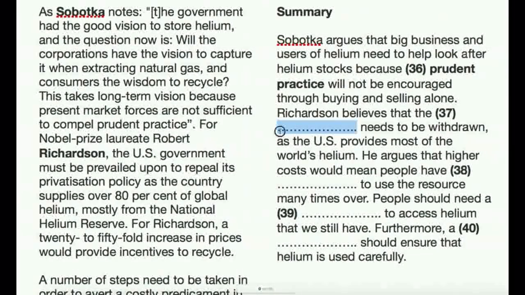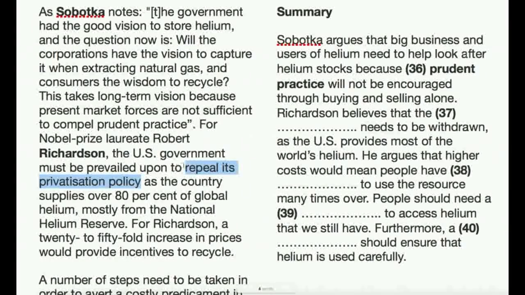If we look a bit more closely here, it says something needs to be withdrawn. So it's something being taken away or removed. If we read here, the US government must be prevailed upon to repeal its privatization policy, as the country supplies over 80% of global helium, mostly from the National Helium Reserve. It says repeal its privatization policy.